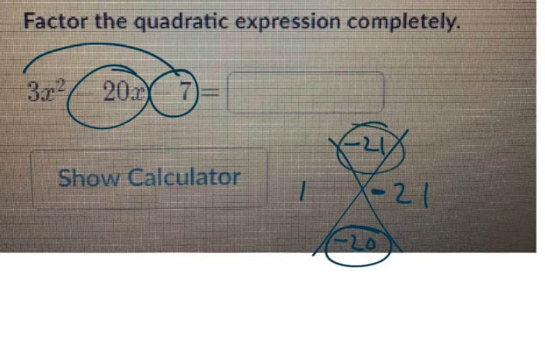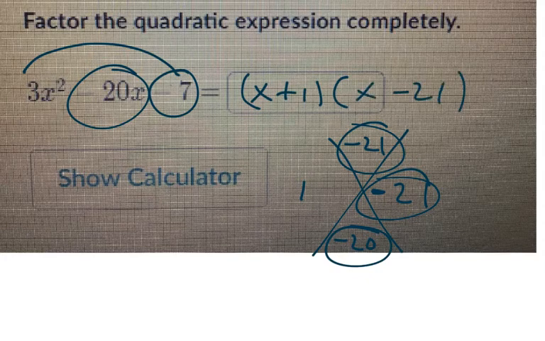And of course, I get the negative 21 with a negative here. So my answer is going to be x plus 1, x minus 21. Hold on a minute. There is a 3x squared in front. So I'm going to divide this by 3 and times that by 3. So as you can see, the correct answer is 3x plus 1, x minus 3.